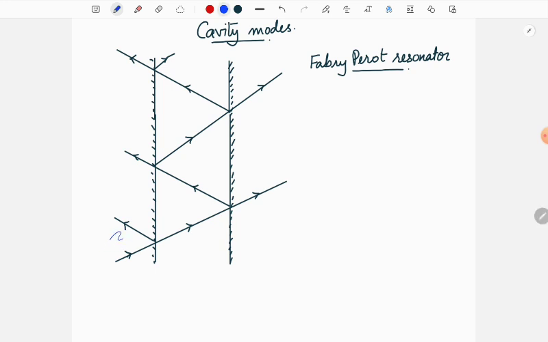So we have an incident beam which comes at an angle theta, and as you see, it gets transmitted. Let's say the transmittance of the electric field is given by small t. So if E naught is the incident electric field, then the transmitted part of the field is E naught t.